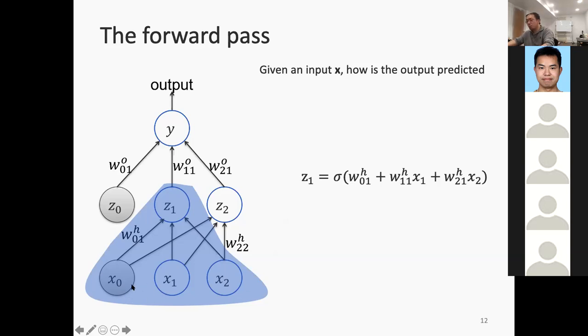As we just mentioned, starting from the input layer, we first compute the neurons in the hidden layer, so Z1 and Z2. Z1 is computed by first doing a linear combination of the input features which connect to Z1. All 3 input features connect to Z1. So it's W0H multiplied with X0.